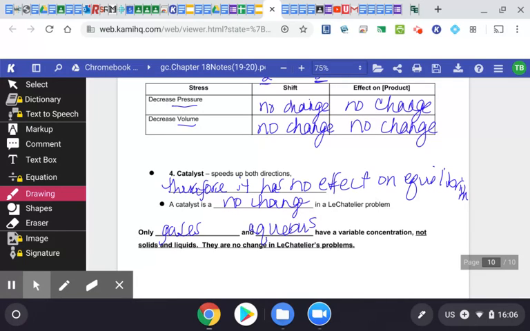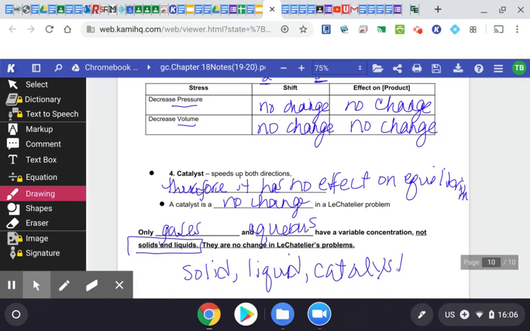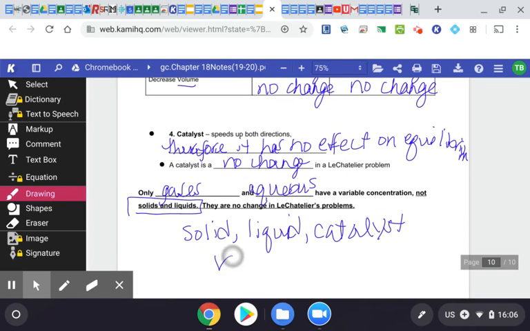So what this means is only gases and aqueous substances are counted for shifts or stresses in Le Chatelier's problems. Solids and liquids are not. So anytime you see a solid, a liquid, or a catalyst, those answers are all going to be no change for your equilibrium problems.